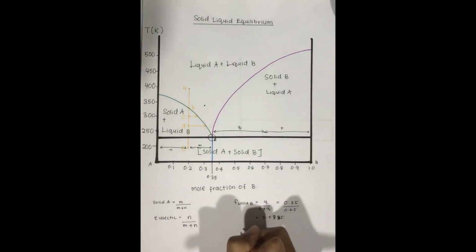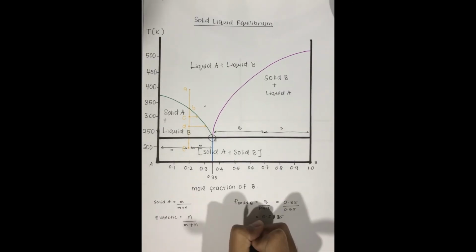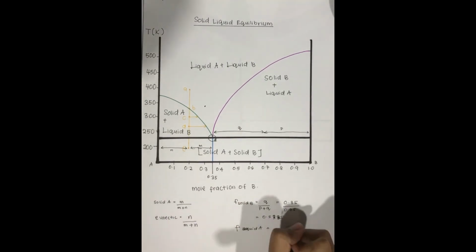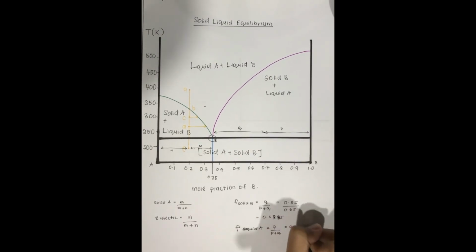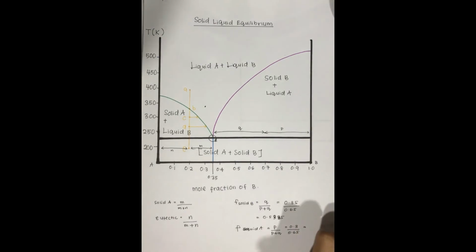And the fraction of liquid A is equal to the distance P divided by P plus Q, which is 0.3 divided by 0.65, which gives the answer of 0.4615.